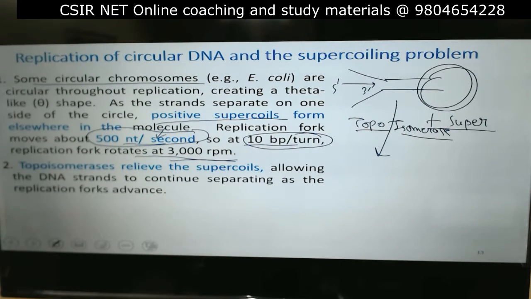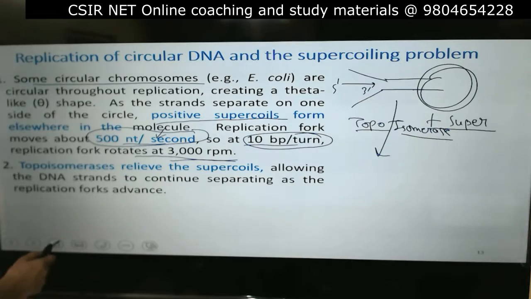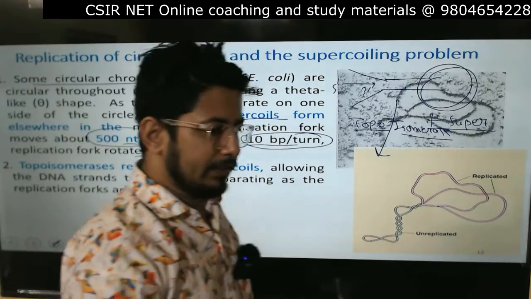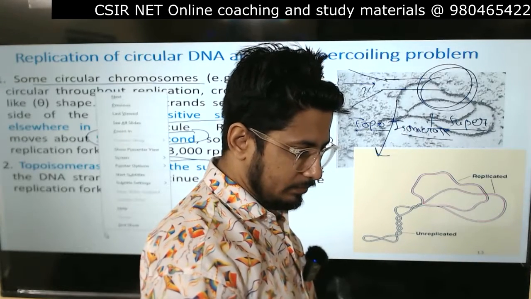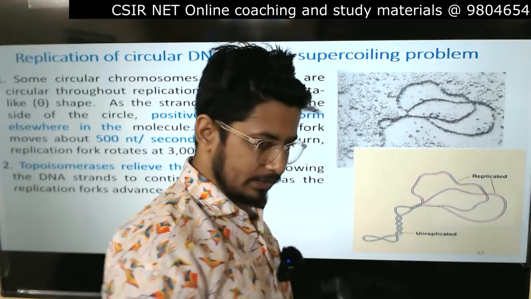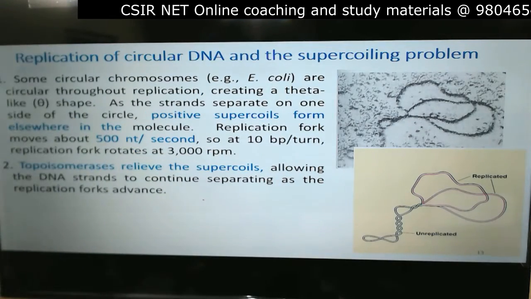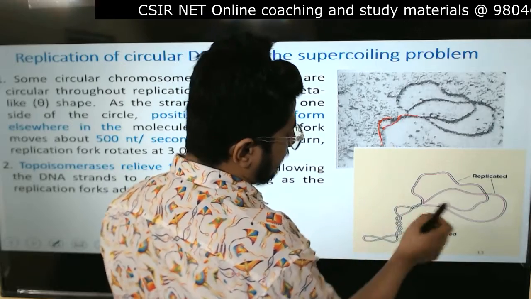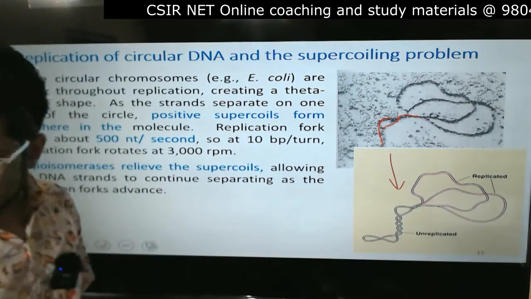It allows the DNA strand to continue the process of synthesis. In this picture you can see one example, realistic detail. So here you can see that this is a realistic image. The same image is replicated in a schematic drawing.